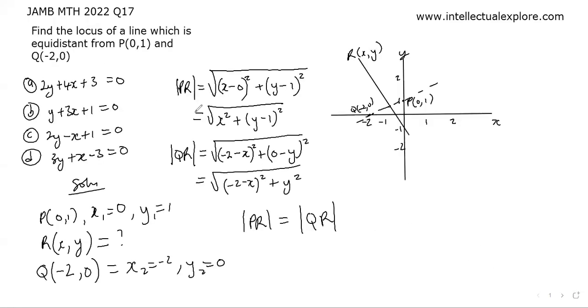Okay, line PR equals line QR. So when we start writing them out, PR is the square root of x squared plus (y minus 1) all squared.